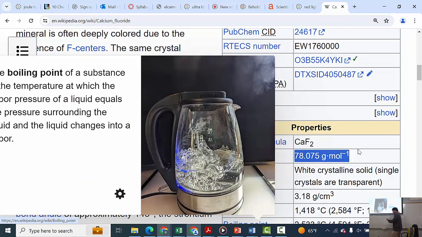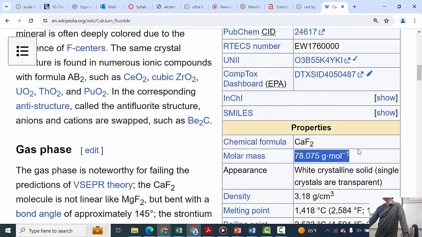So I'm going to go 0.016 divided by 78.075 grams per mole. And that gives me, oh, come on, 0.016 divided by 78.075. 0.0002 moles per liter. 0.0002 moles per liter, we consider it insoluble.